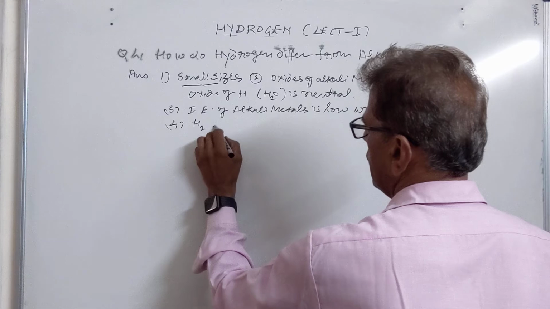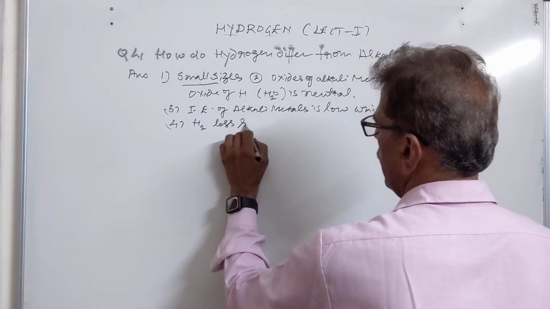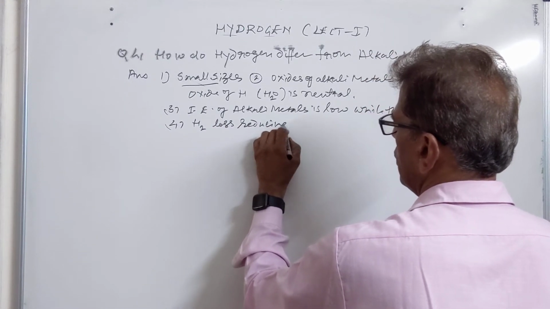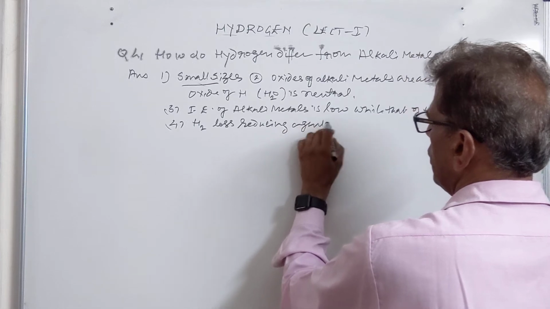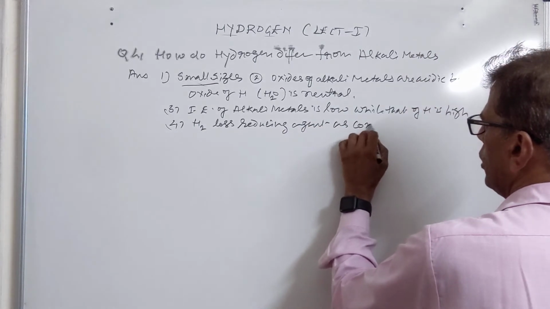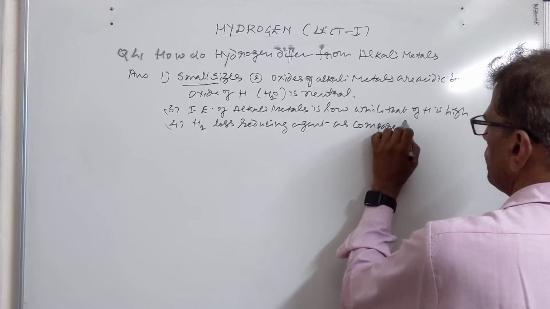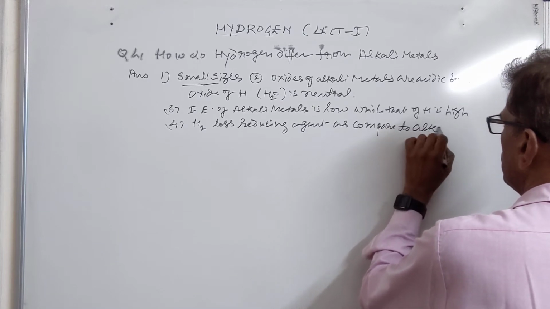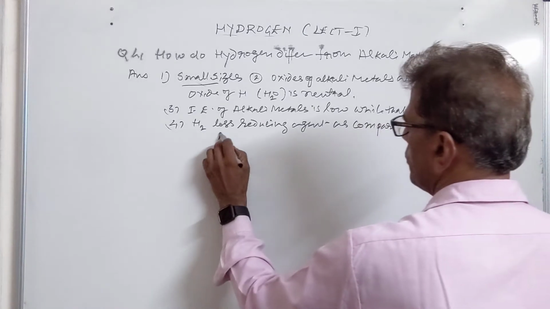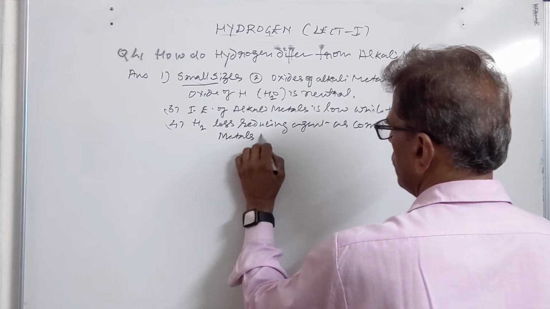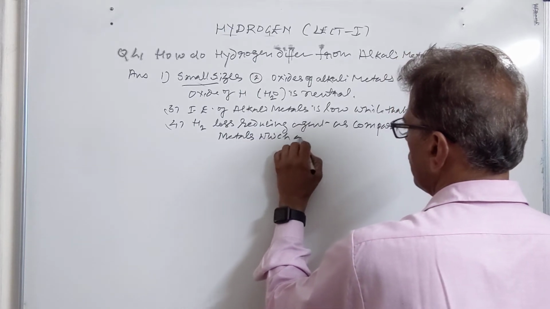Hydrogen is a less reducing agent as compared to alkali metals, which are good reducing agents.